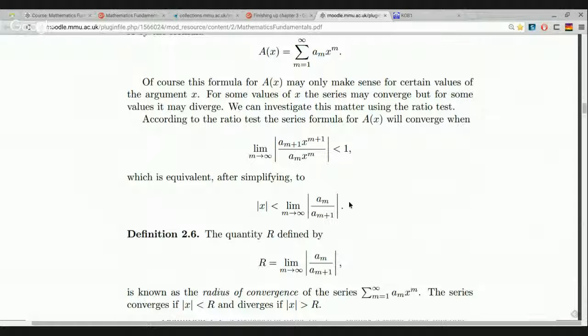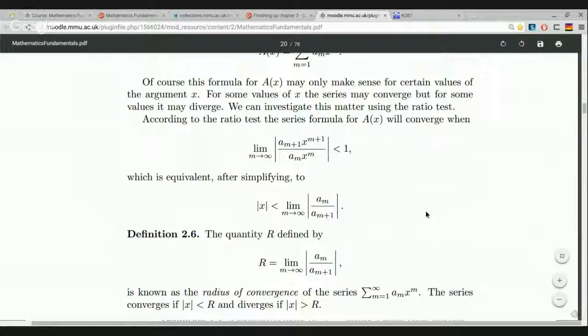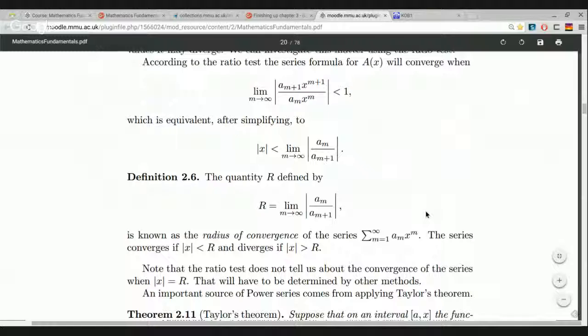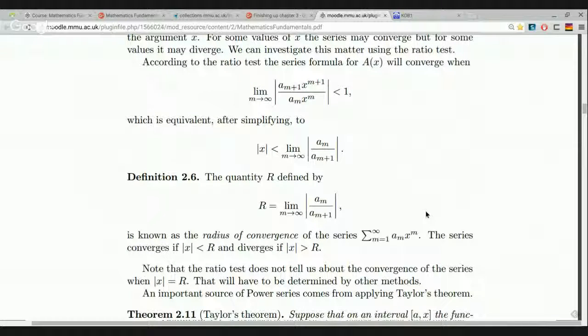So if the answer, these are equivalent questions, if the answer is yes, then the series in x converges. That's the conclusion. So this limit is very important. This limit on the right-hand side, okay? It's called the radius of convergence.